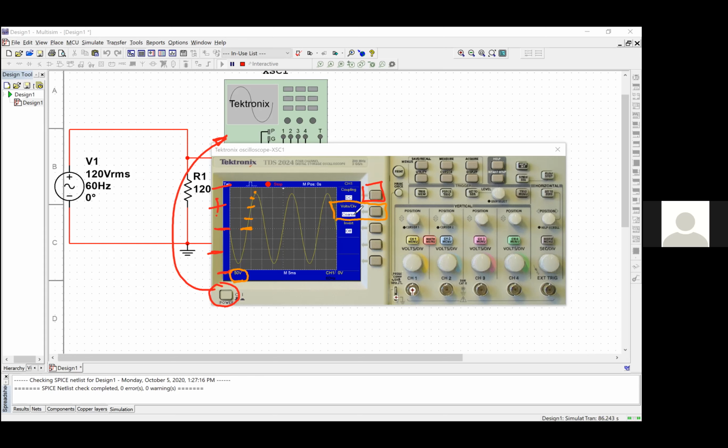Well, right here on this knob, this knob right here, that is your voltage scale. So when you have it on coarse, I want you please to notice right there the change in the voltage scale.